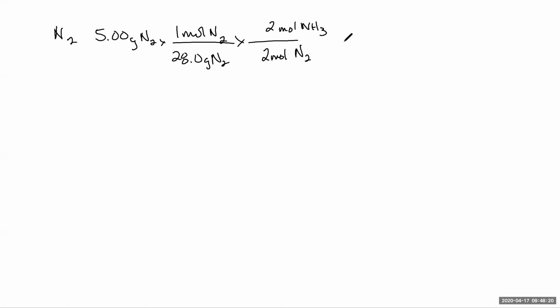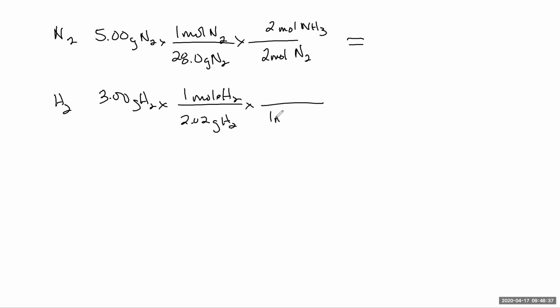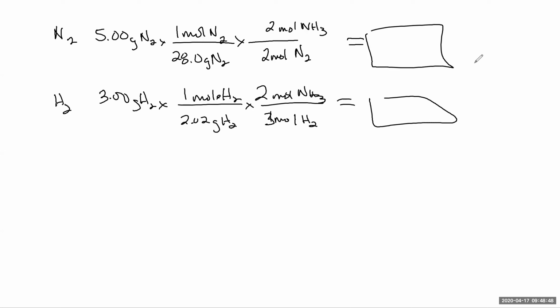And so I could do this equation here and get an answer, and then I could do the same for hydrogen, starting with 3 grams of hydrogen, 1 mole of hydrogen, 2.02 grams of hydrogen, and then 3 moles of hydrogen will produce 2 moles of ammonia, and I could compare these numbers.